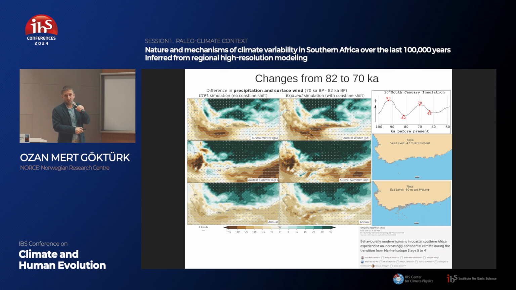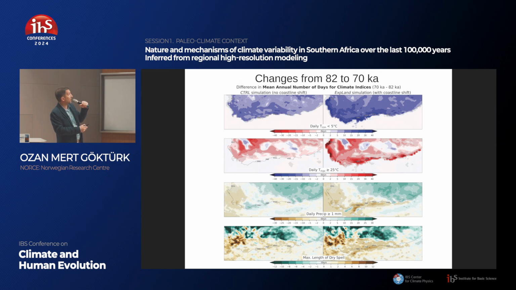But if you include the coastal change, then you still get the change from the insolation change, but you get this significant reduction in precipitation, because the coastline basically shifted south. This is very, very interesting to see, because again, this is the advantage of regional climate modeling, as I said at the beginning.